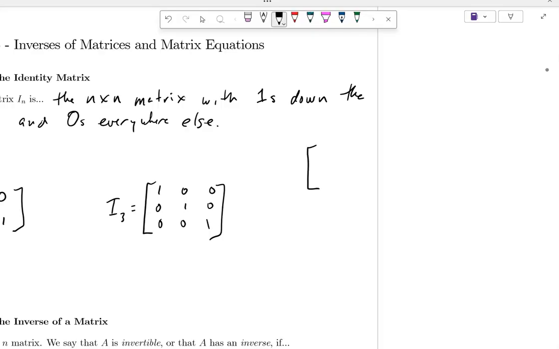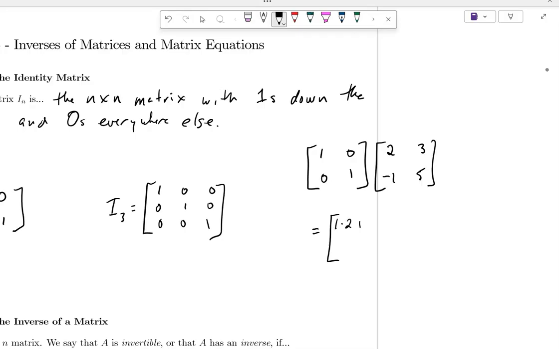If I wanted to take the matrix 1, 0, 0, 1 and multiply it by the matrix 2, 3, negative 1, 5, what do I end up with? What would I multiply together to give you the first entry? I would take 1 times the 2 and 0 times the negative 1.